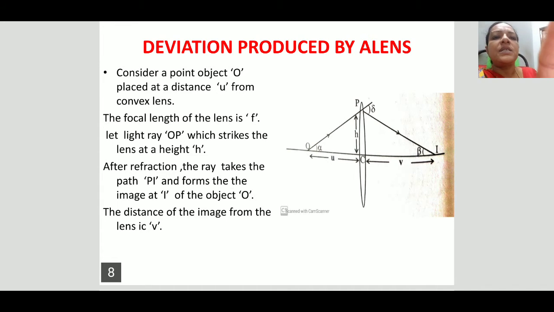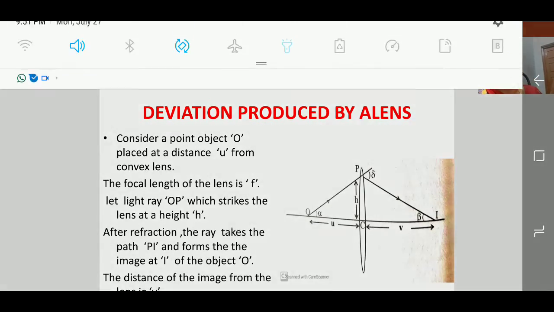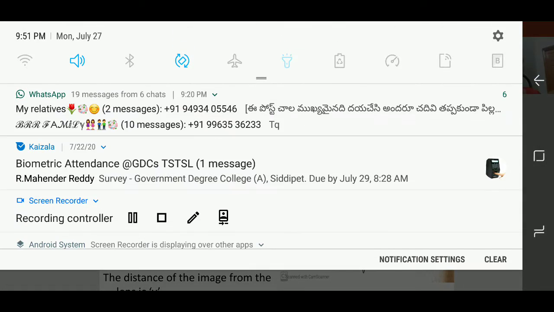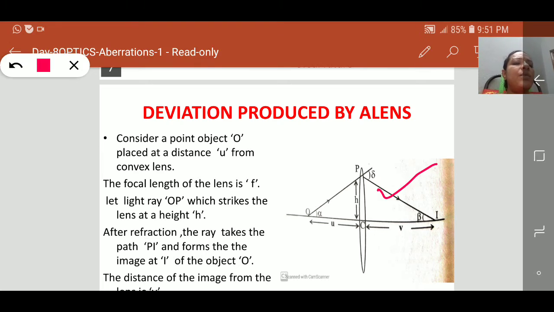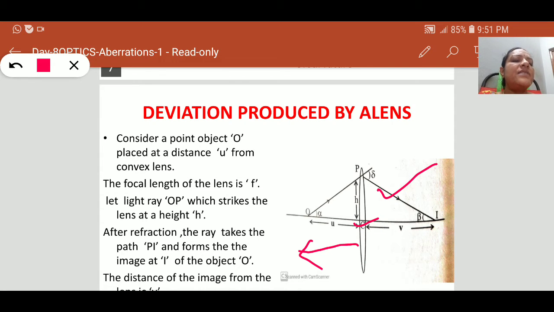For this purpose, let us again take an optical system. Say this is the optical system, this is a lens, and the object is placed at a distance u at point O. This is the object distance, measured away from the lens on the left side, and consider the focal length of this lens is f.